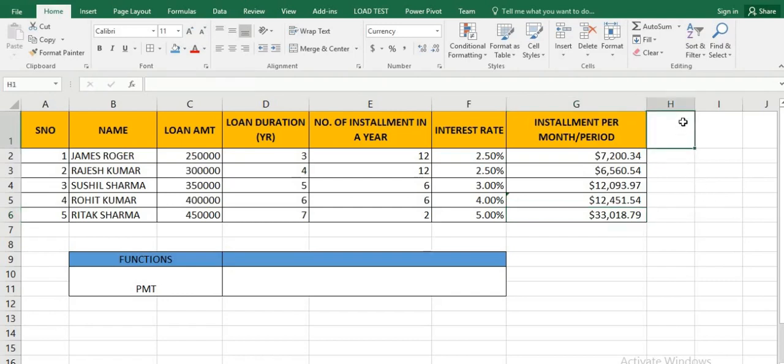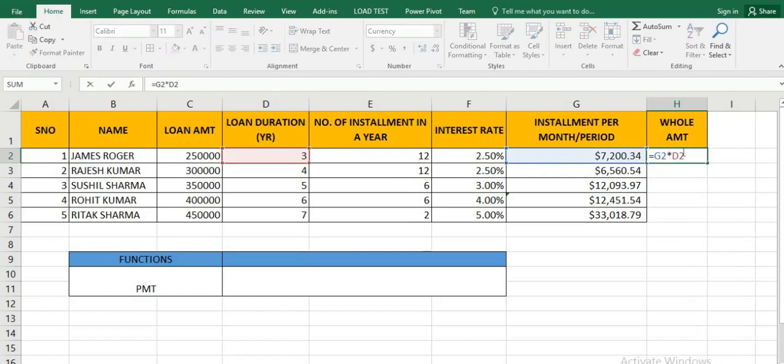So let's talk about here. The whole amount we have to pay here. So how do we find it out? This amount multiplied by how many years? 3 years. In 3 years we have to pay this. But in 1 year how many installments do we have to give? 12 installments. So into 12 installments.